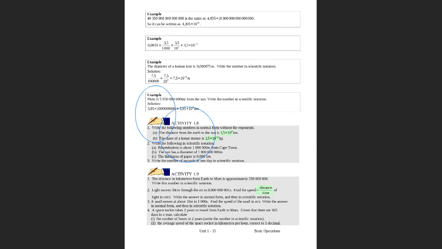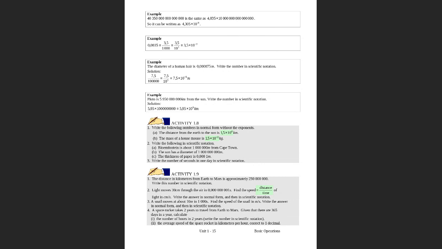Okay, now the next one says write the following in scientific notation. The first one says Bloemfontein is 1 million meters from Cape Town. So 1 million is like this.